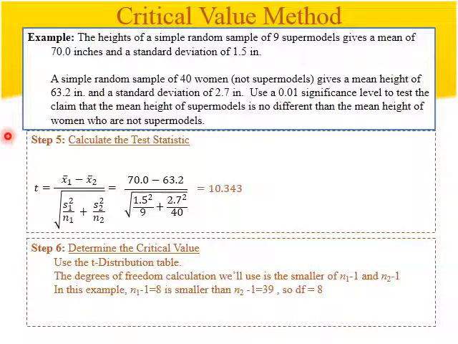So the sample size of the supermodels was 9, which means n1 minus 1 will be 9 minus 1, gives us 8. And the sample size for the women who are not supermodels was 40, so 40 minus 1 is 39. So the smaller of those two, of course, is 8, so we're going to use the degrees of freedom to be 8.